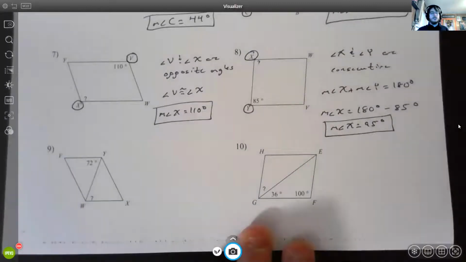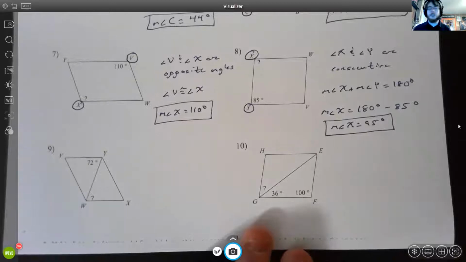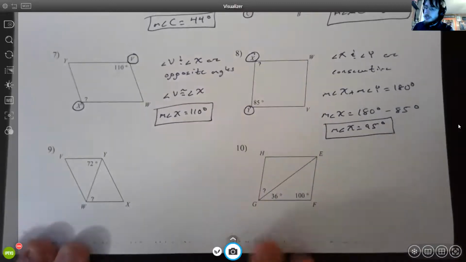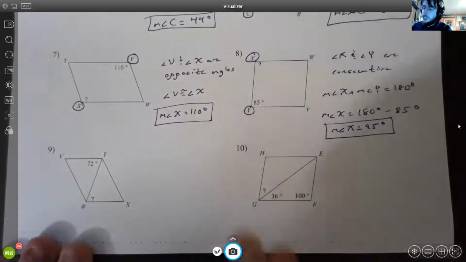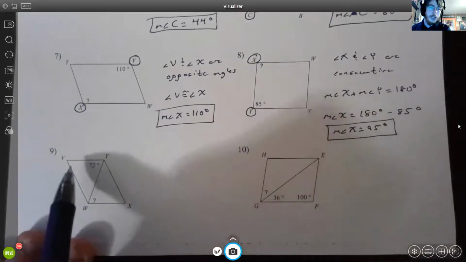All right, now let's look at numbers 9 and 10 together. So number 9 trips a lot of people up just because it brings back a lot of information that we talked about in the first semester, or in the first part of the year. And so what we need to do here is we have a parallelogram.